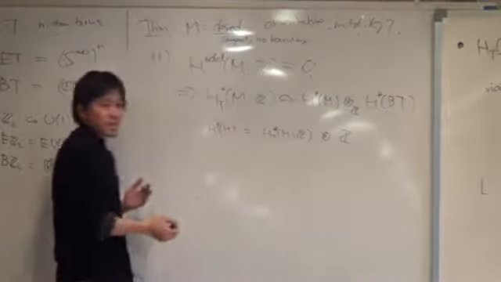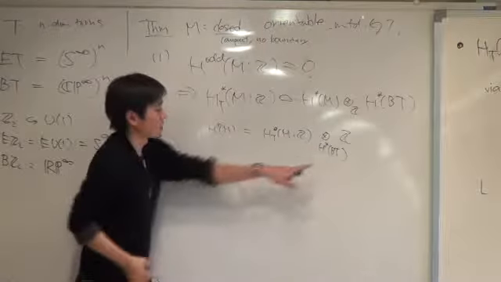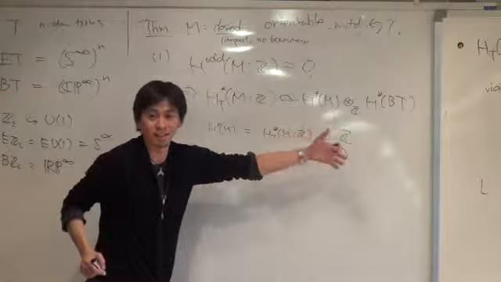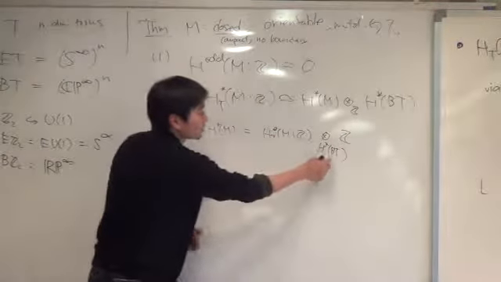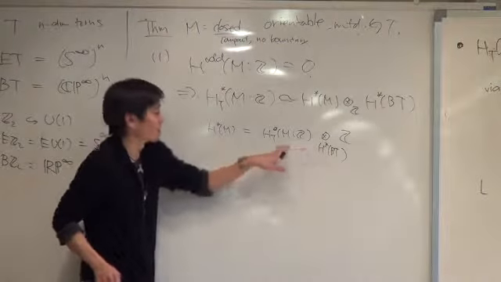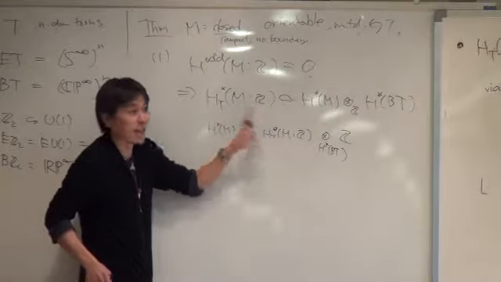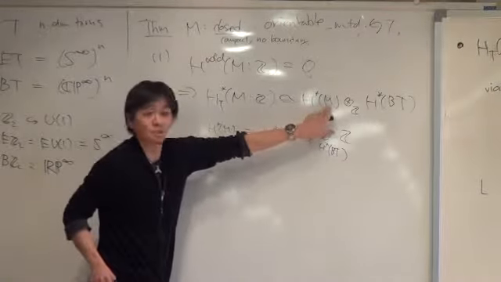If you tensor Z as a module over the polynomial ring, the polynomial ring acts on Z trivially, all the parameters act on Z trivially. So this tensor product gives you the killing of the variables inside the equivariant cohomology. And then it recovers ordinary cohomology, the basis of this free module.